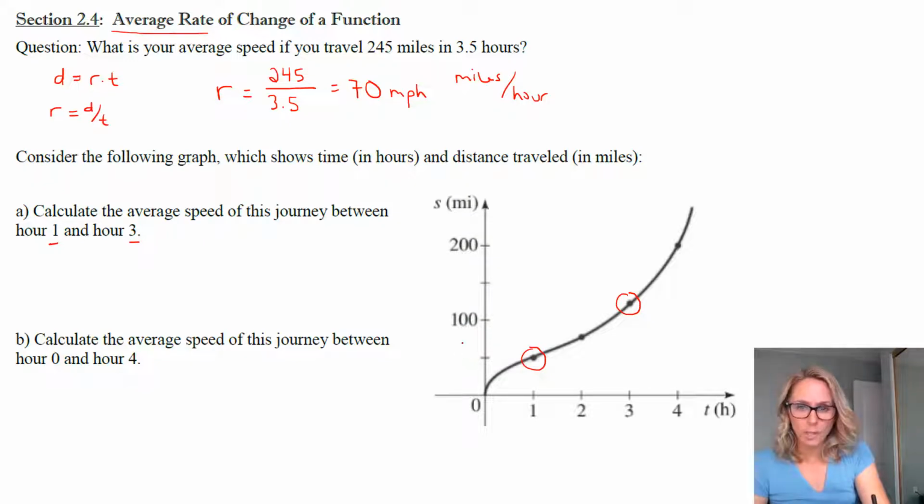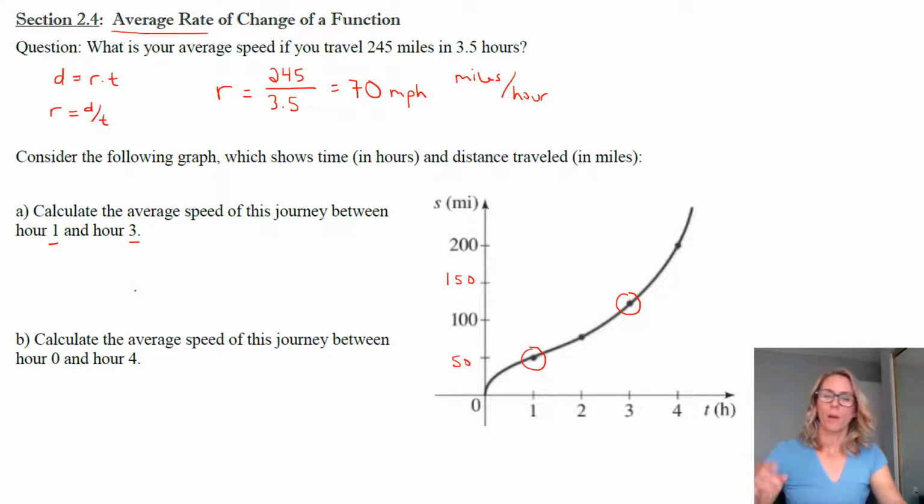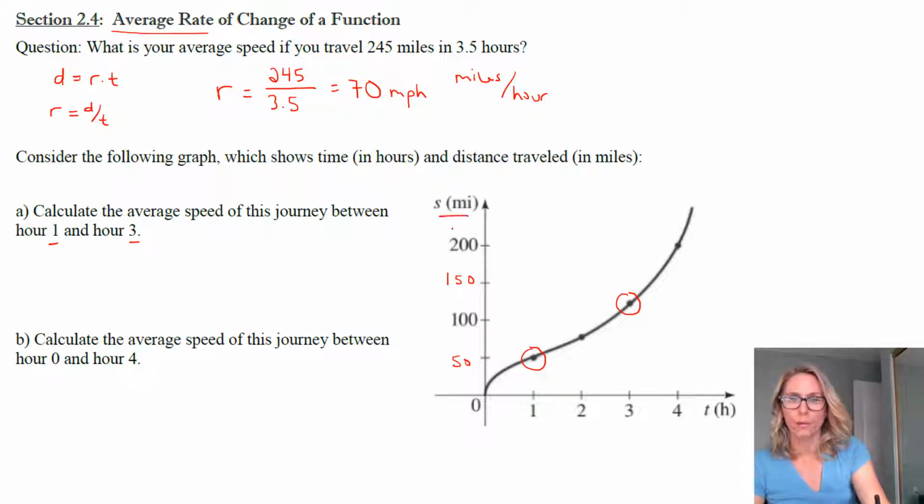So it looks like from our scaling here that we have 50, which would make this 150. And again, might be some estimation, but we just need to think about basically our change in our y values, which is the distance traveled. So this is the miles here. That's our distance.